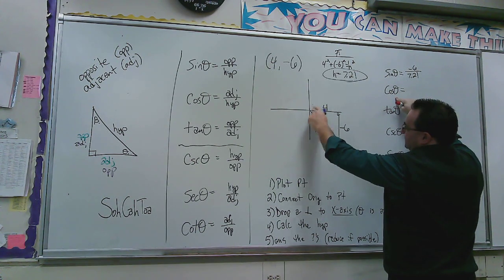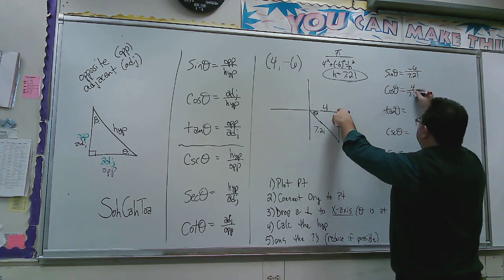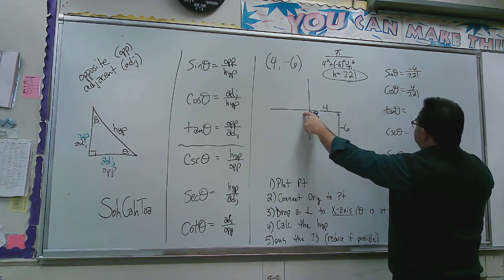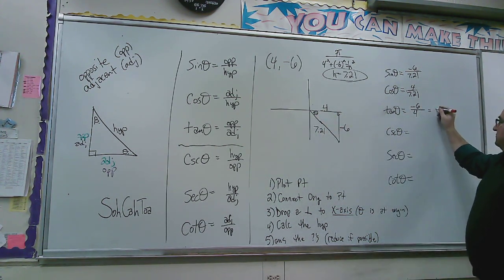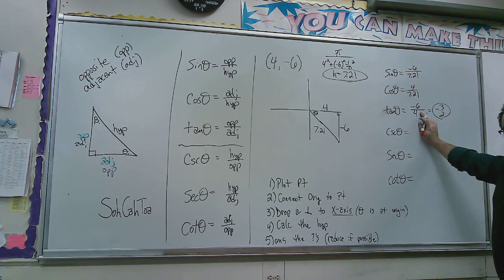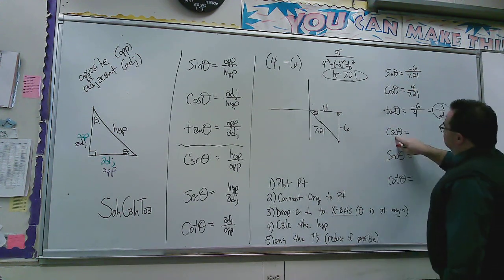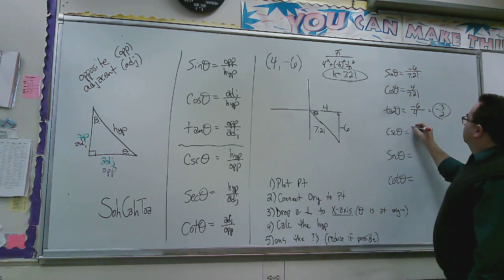Cosine is adjacent over hypotenuse. Tangent is opposite over adjacent. That can be reduced, and it should. If you leave this as your answer, I'm going to give you most of the credit, but I'll take off a quarter point. Cosecant is the sine flipped over.